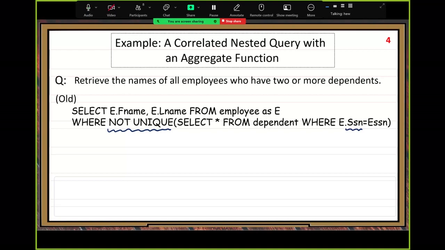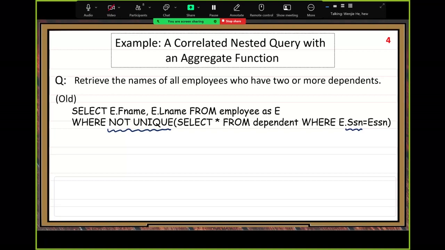Each time there is one dependent, so more than once means at least 2 dependents. That's the unique function. This is the older way, because in this older way we do not use the aggregate function. We use a special unique function.